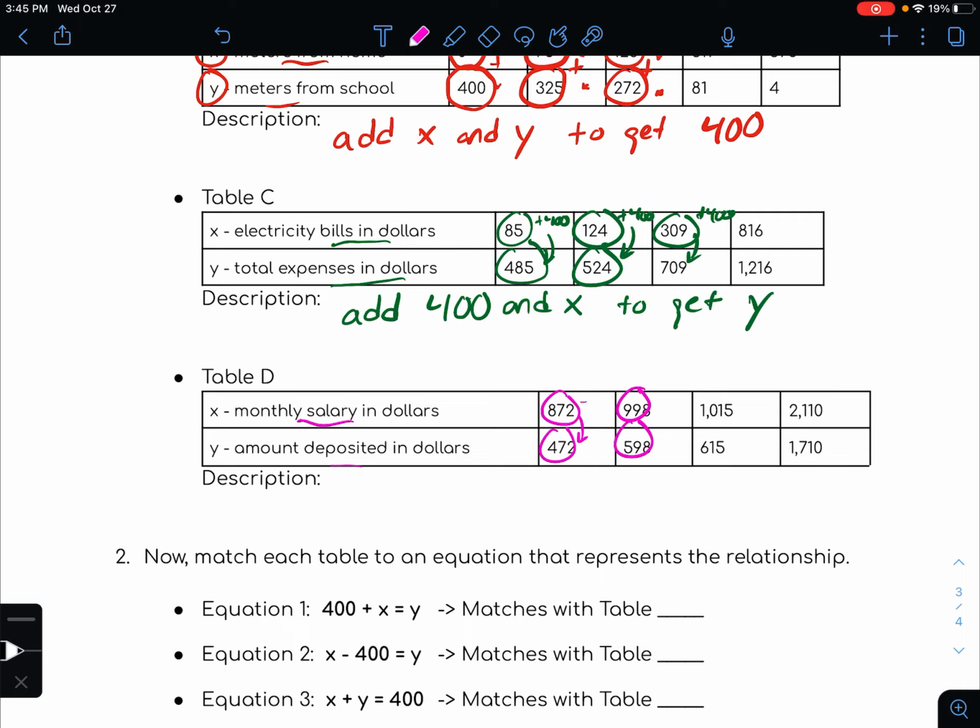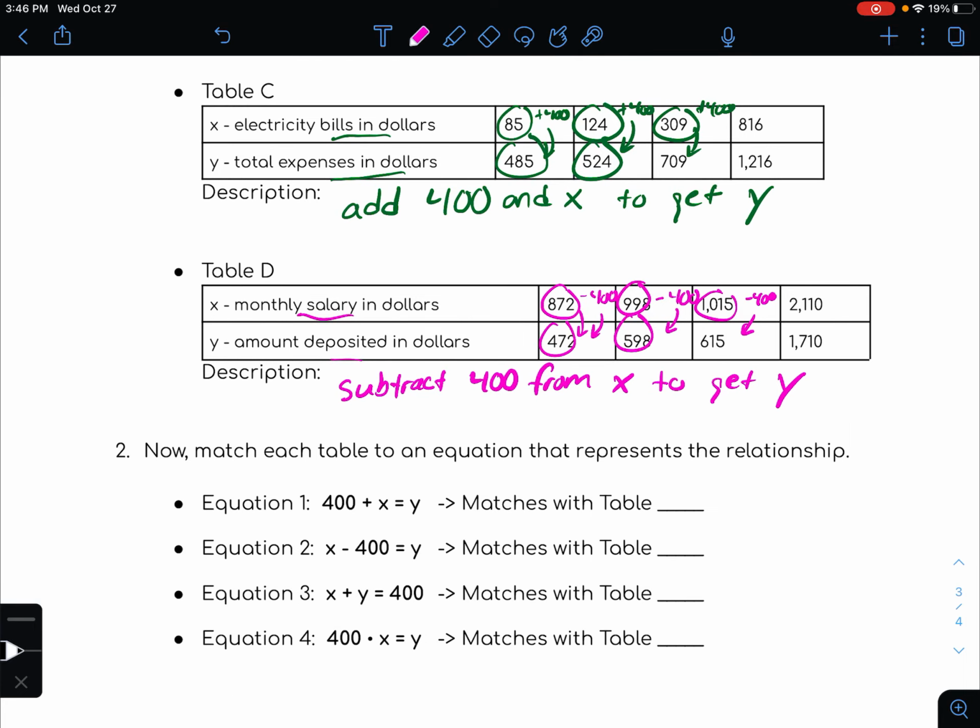If I take the x value and subtract 400, I get the y value. 998 minus 400 is 598. 1015 minus 400 is 615. So I subtract 400 from x to get y.